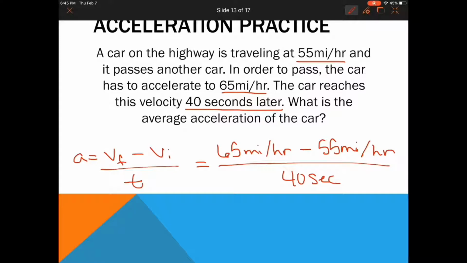Well, first thing we notice here is that we have a unit issue. Our time is in seconds, but our speeds are in miles per hour. So let's convert our 40 seconds to hours.